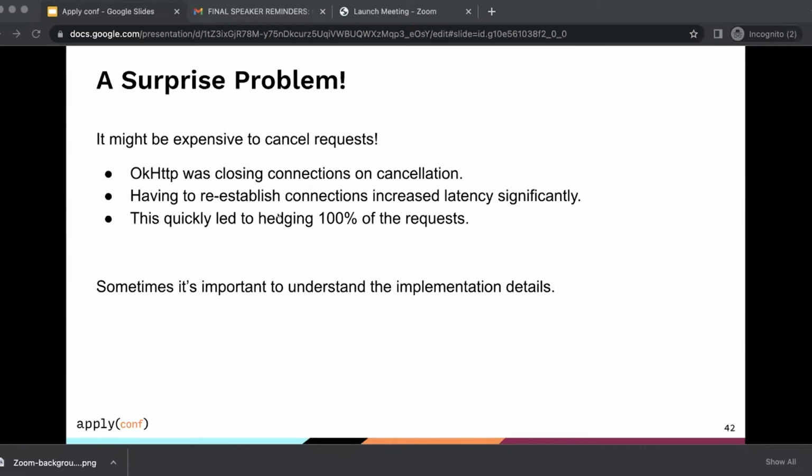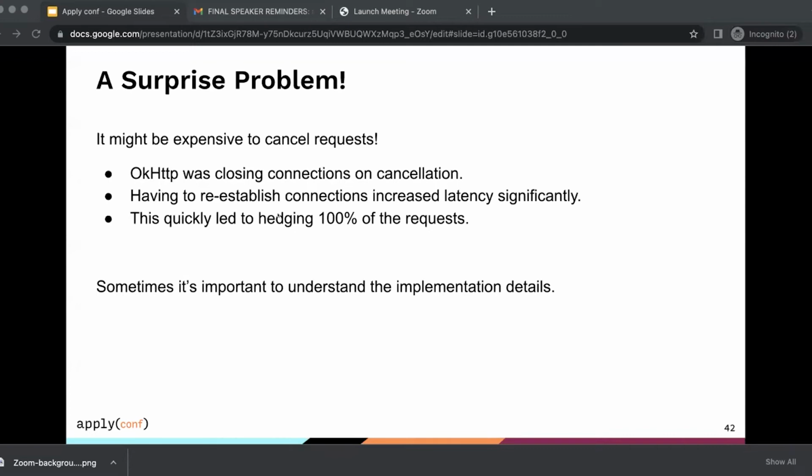So, surprise problem. It might actually be expensive to cancel requests. So if you think back to the original algorithm, when you send a hedge request, you collect the fastest one, but you're supposed to cancel the other one in order to save load on the service that you're calling, and also save load for yourself. But the library we're using, OkHttp, was actually closing connections on cancellation.